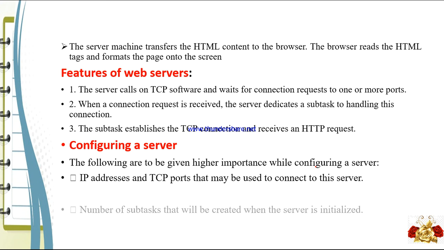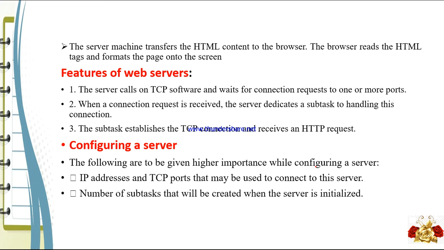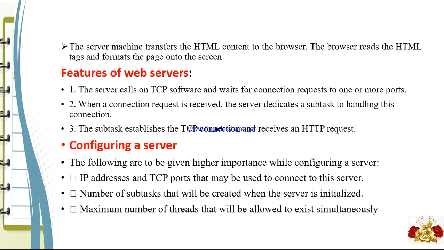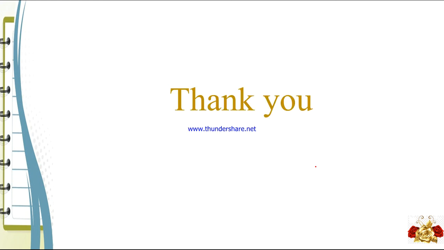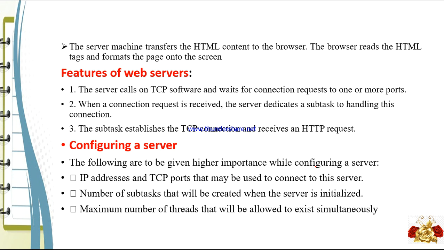Then there is the number of subtasks that will be created when the server is initiated, and the maximum number of threads that will be allowed to execute simultaneously. So that's all about the web server.